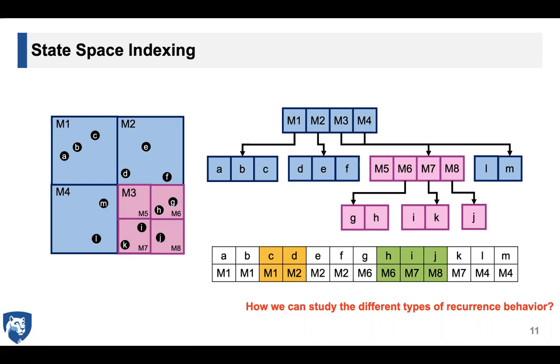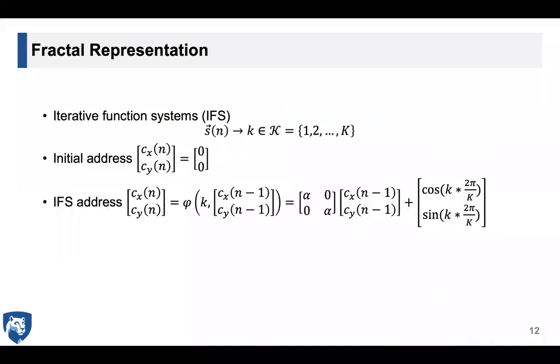The question we ask ourselves is how we can study those different types of recurrence behavior. To quantify the heterogeneous recurrence behavior, we have to do one more step. Here we first use a fractal representation to plot the states.